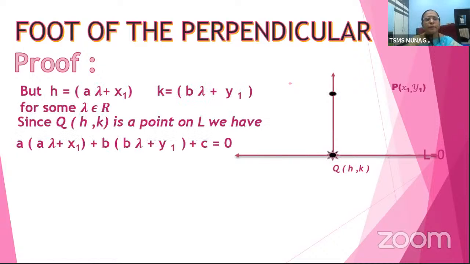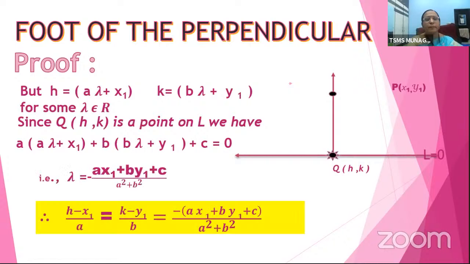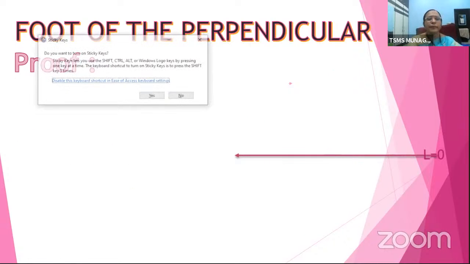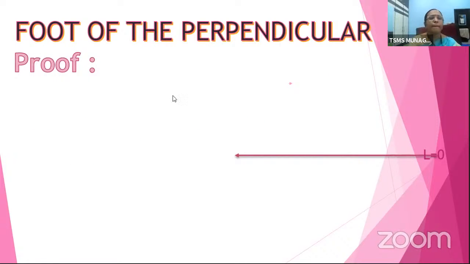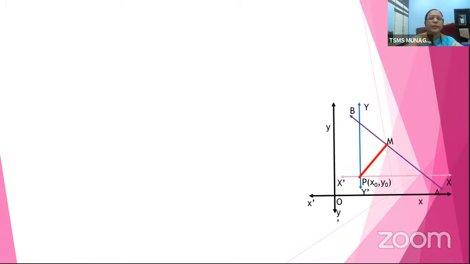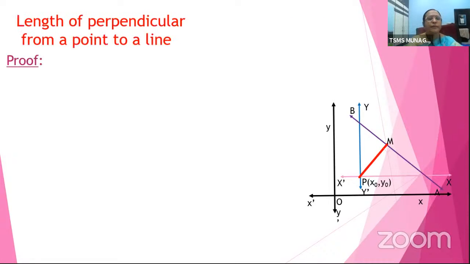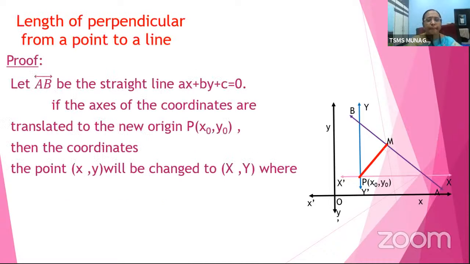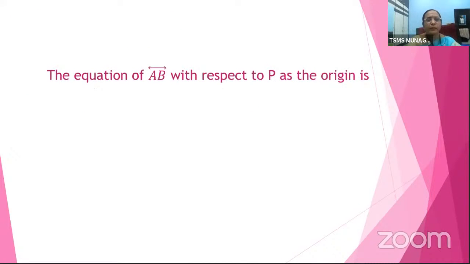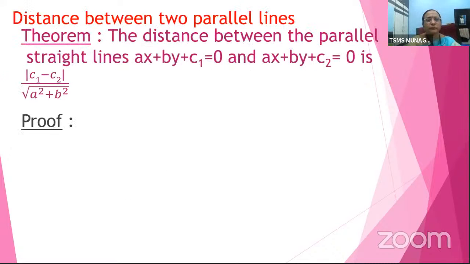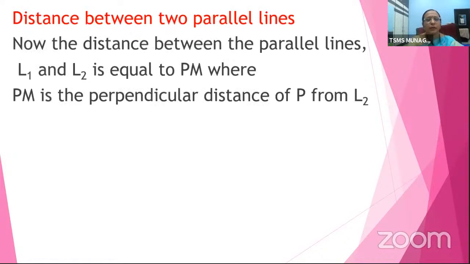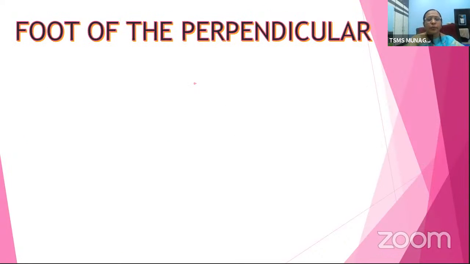So let me repeat the whole proof for you once again. You can see in the previous slide, this is how we started. I just want to stress the foot of the perpendicular theorem for you.